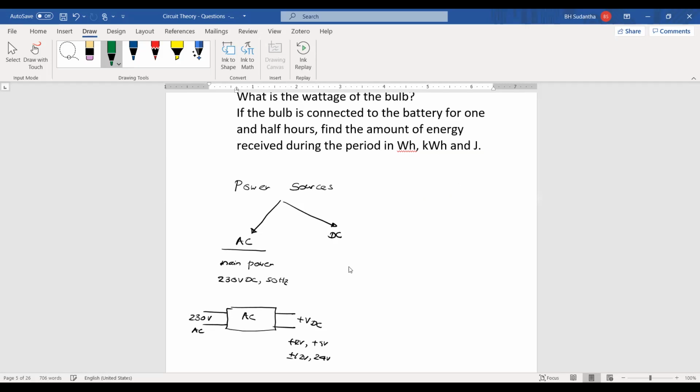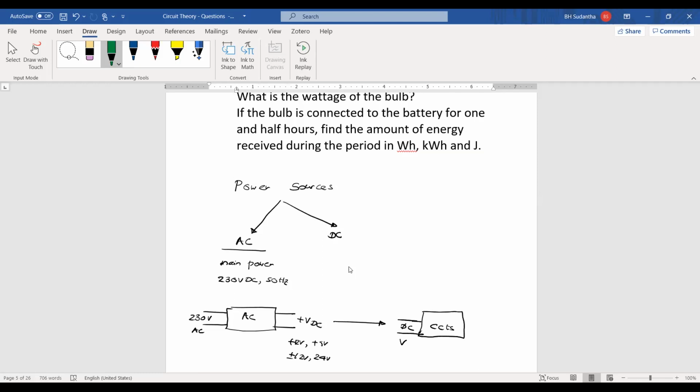Different DC voltages are coming from this side. Then our circuits are expecting DC voltages, so we can give these DC voltages to them.